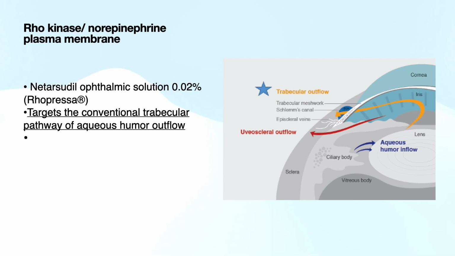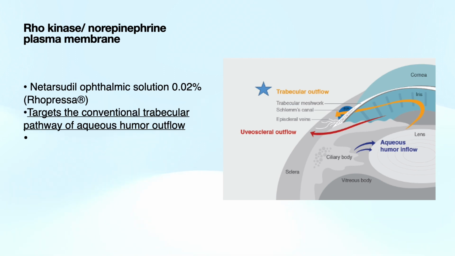And lastly, we have rho kinase norepinephrine transporter dual inhibitors. Now, this drug was approved fairly recently in 2017. Now, this agent acts as both a rho kinase inhibitor and a norepinephrine transporter inhibitor.